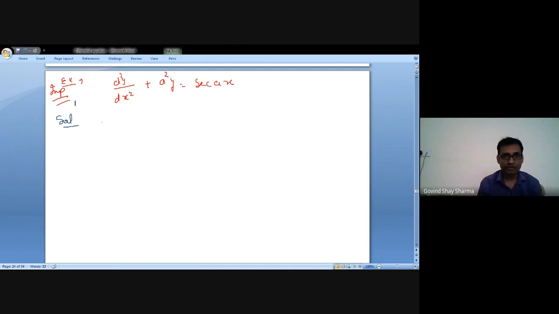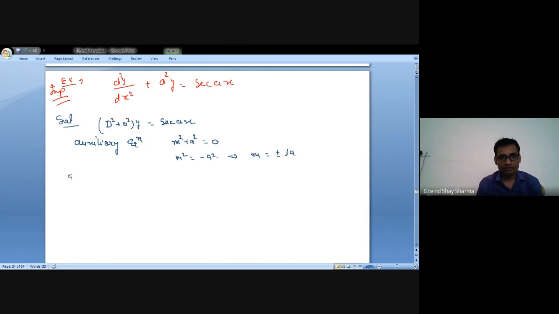So first we write it like this: D² plus a², y is equal to sec ax.